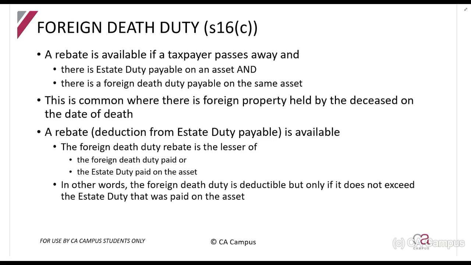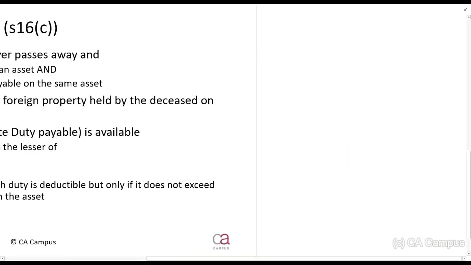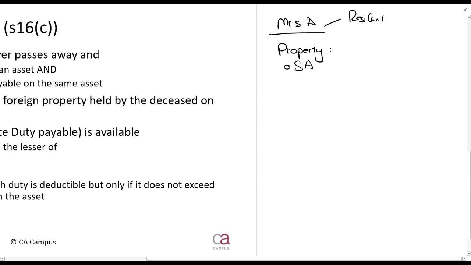So, for example, let's take a guy or girl, and let's do it as follows. This is a resident, Mrs. A. She is a resident. She has property in South Africa of 5 million rands, and she has property in America of 2 million rands.